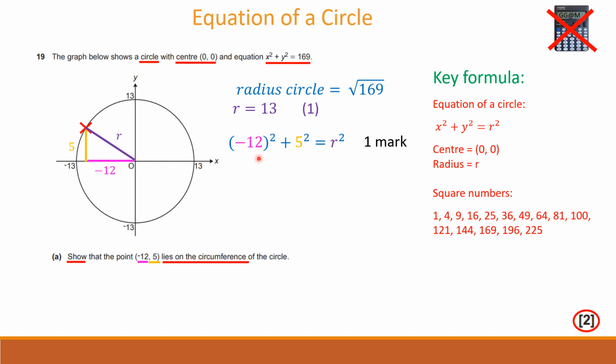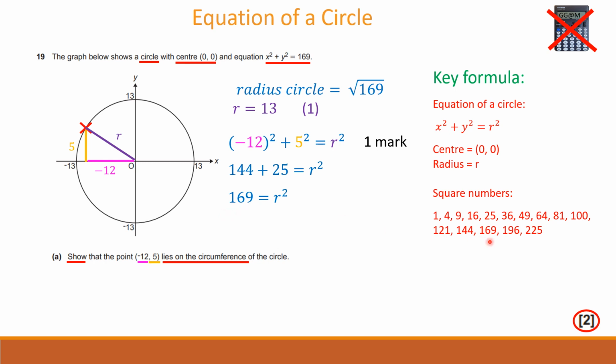Now negative 12 squared means negative 12 times negative 12. Two negatives become a positive, and 12 times 12 we can see over here is 144. 5 squared is 25. So I get 144 plus 25 is equal to r squared. Adding these two numbers together gives me 169.